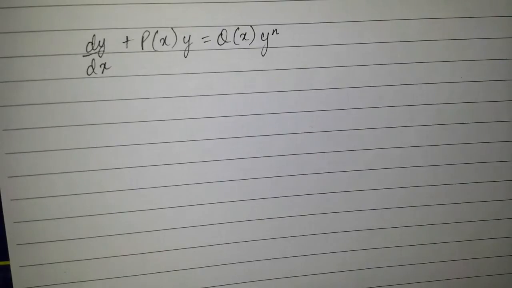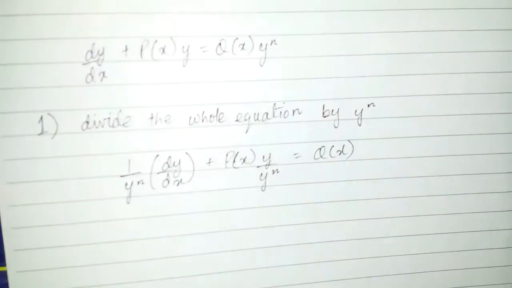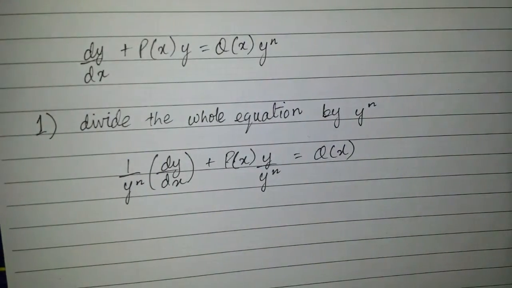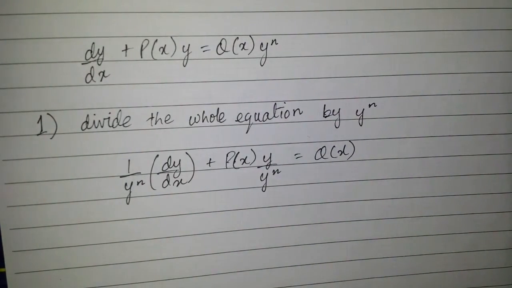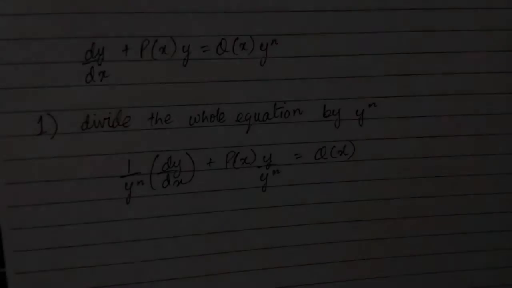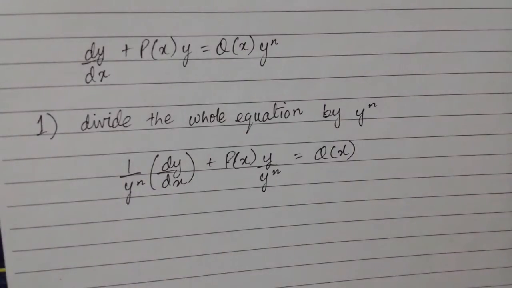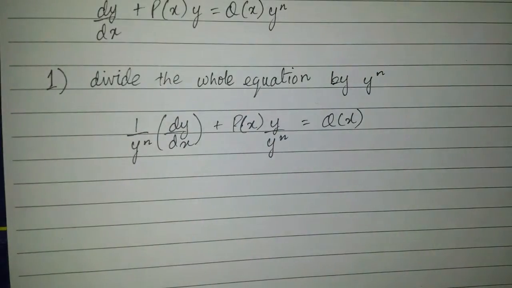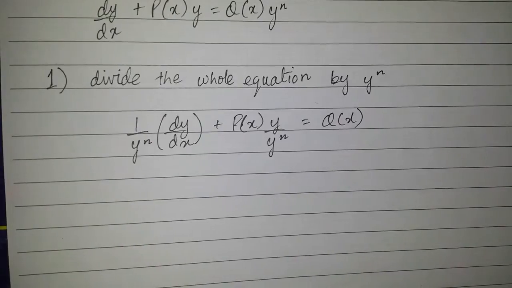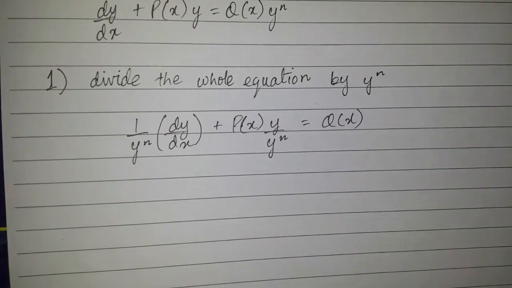Okay, so the first step for solving this type of differential equation is to remove the y^n term, and the second step would be to substitute a value for y^(1-n).